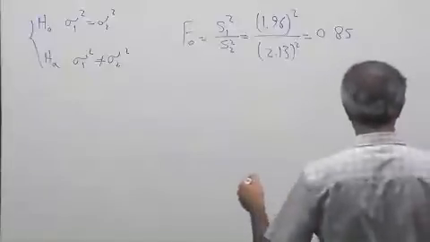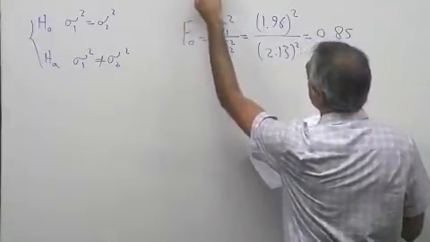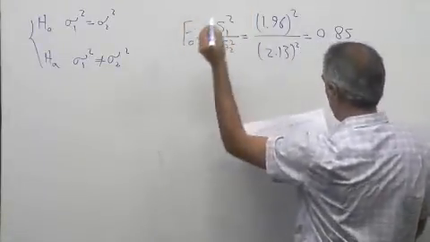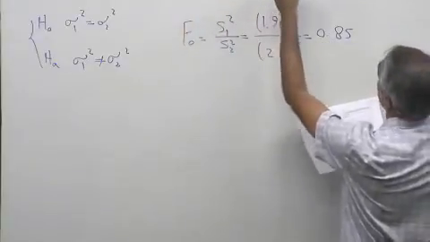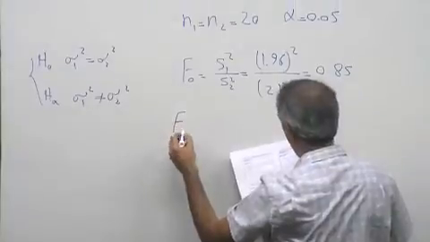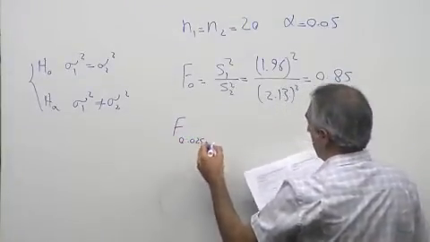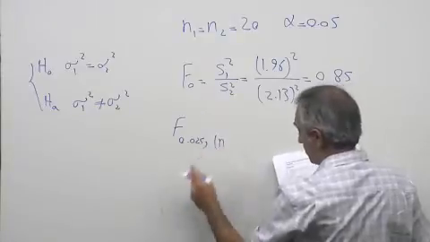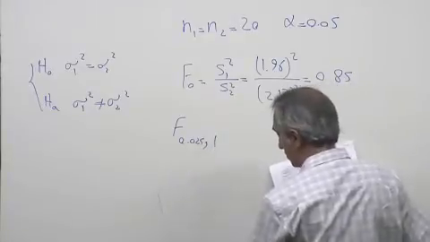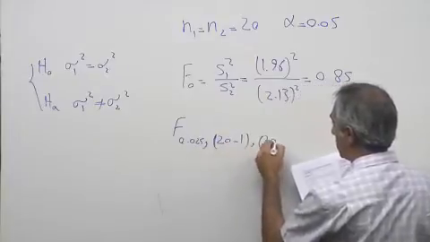If alpha is 0.05, and N1 and N2 are the same, 20, we need to find F of 0.025 with 20 minus 1 and 20 minus 1 degrees of freedom.